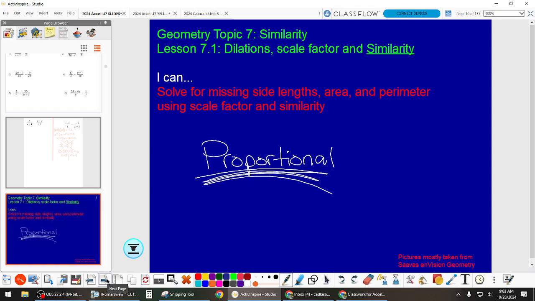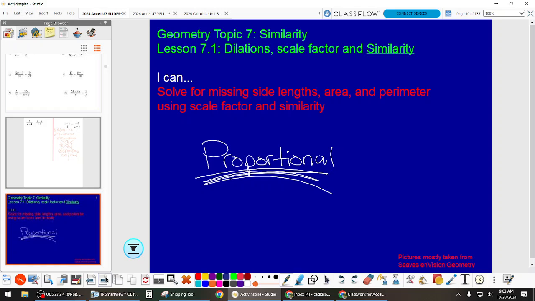All right, let's get into this then. All of that was review of proportionality. So let's talk about what similarity means and scale factor and stuff. So was that the easy stuff? I don't necessarily think it gets much harder than that, but it takes some practice to see things in this unit for setting up the proportions.